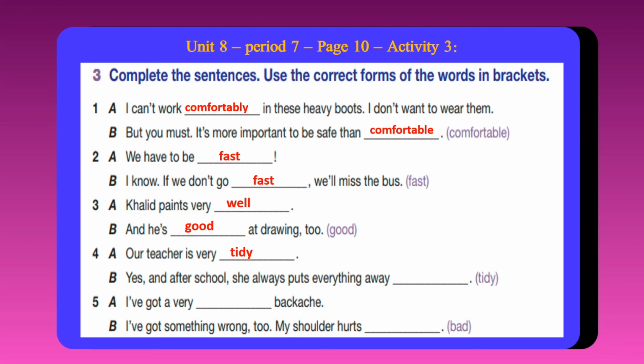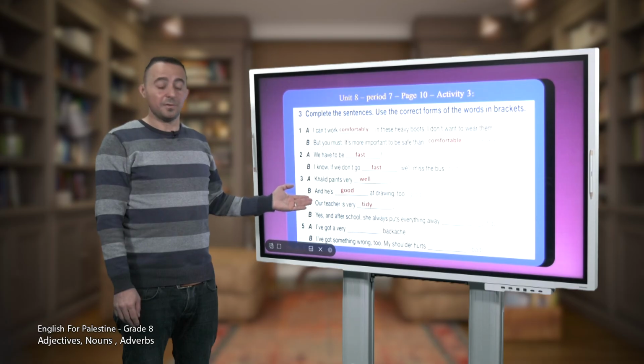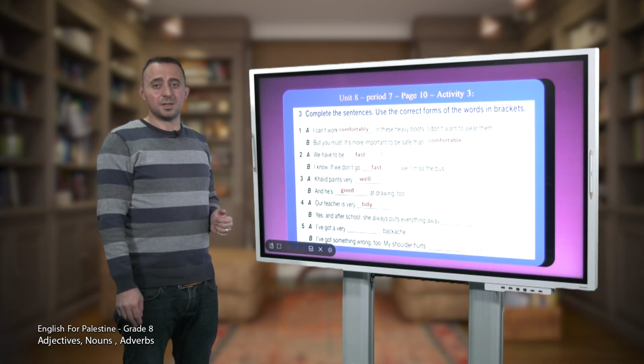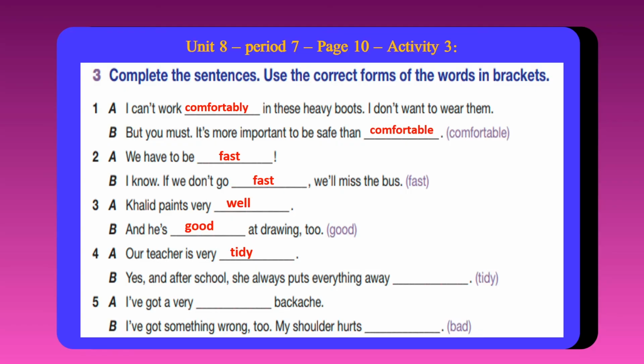Because we have the verb to be is, which should be followed by an adjective. B, yes, and after school, she always puts everything away tidy or tidily. Tidily. We need here an adverb because we have the verb puts. Tidily is an adverb that describes the verb puts.